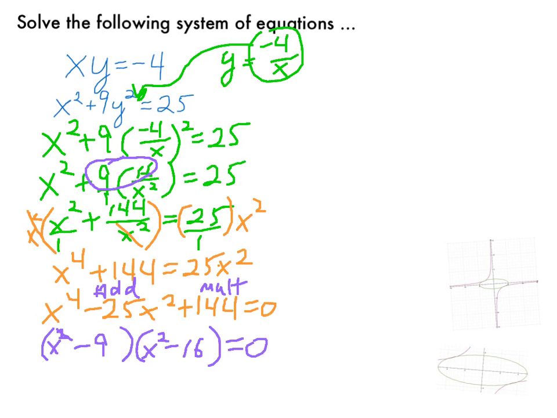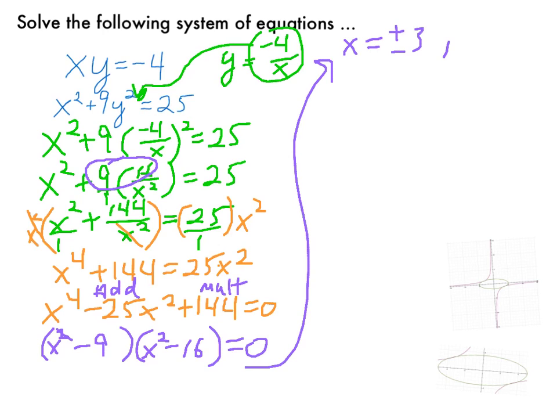And if you think about it, x squared times x squared gives us x to the fourth. This x squared times this x squared gives us that x squared. And then negative 9, negative 16, there we go. Beautiful. Now all we have down here is a difference of two perfect squares. So if we solve them, the left side, you should feel comfortable in saying that's going to equal x equals plus or minus 3.